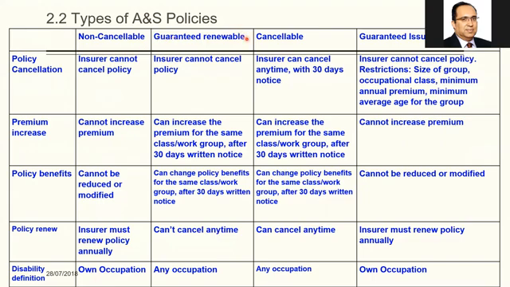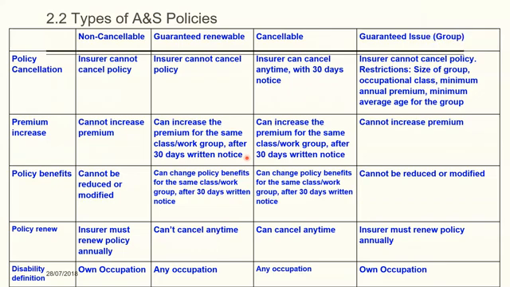Under the guaranteed renewable, the insurer cannot cancel the policy, and they can increase the premium for the same class or work group after 30 days written notice. So if they give 30 days notice, then they can increase the premium, but it has to be for the same group of people. For example, they can say, all the taxi drivers, we are increasing your premium.